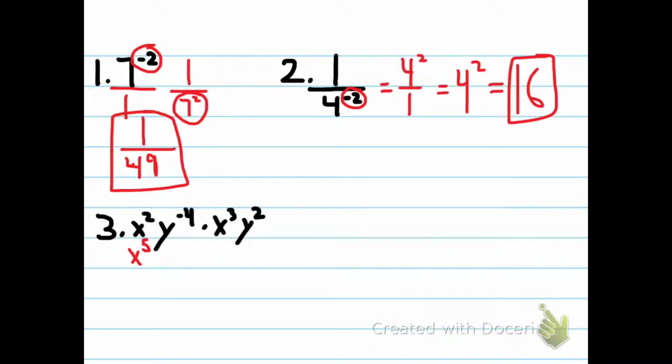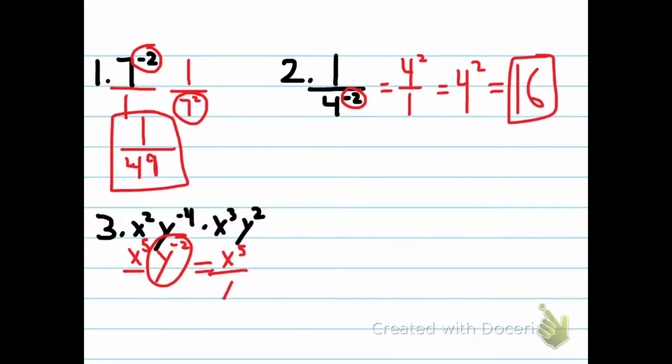So negative 4 plus a positive 2 is y to the negative 2. So what we have to do now is just put this y to the negative 2 on the other side of this x to the fifth power. So we're going to take this and put it over this.